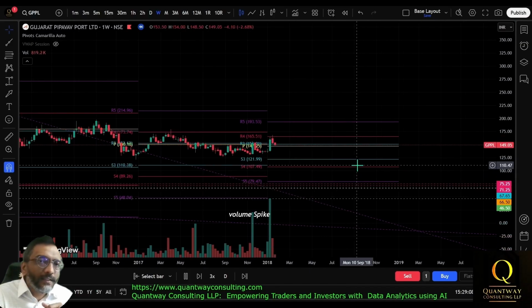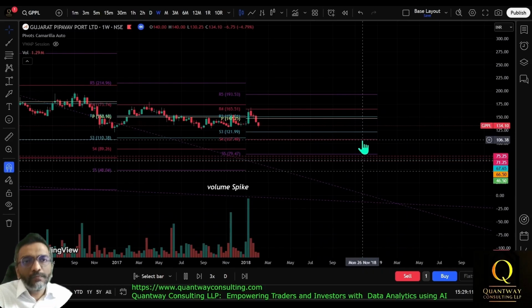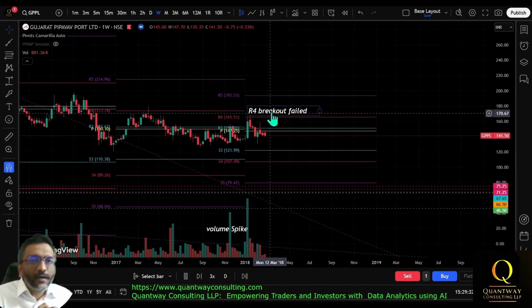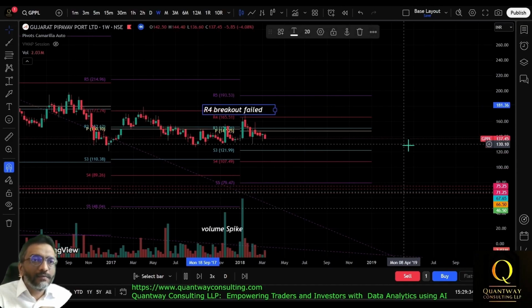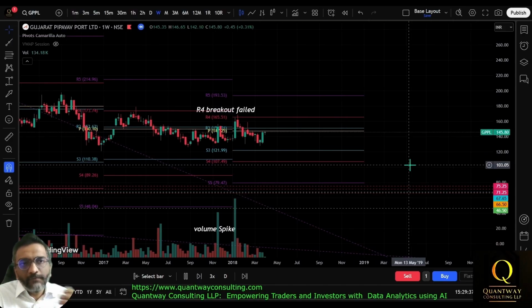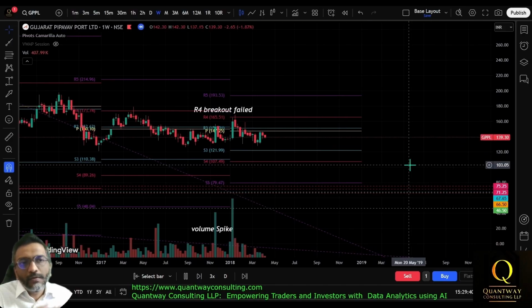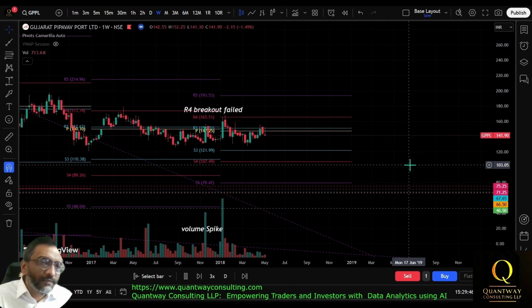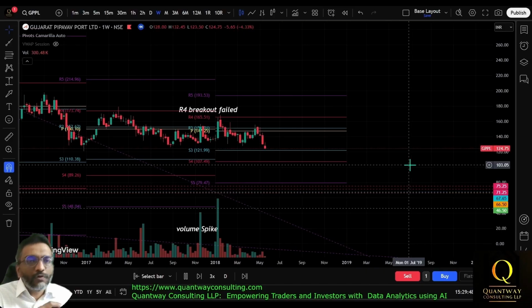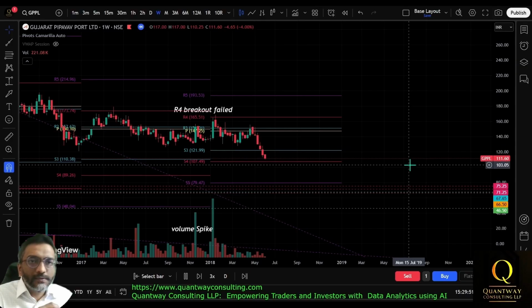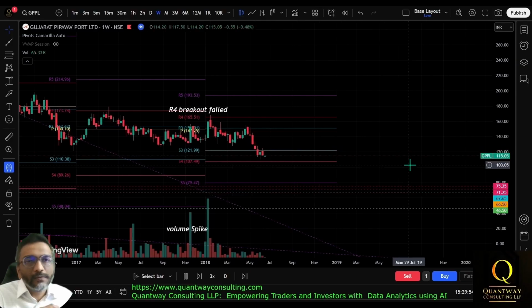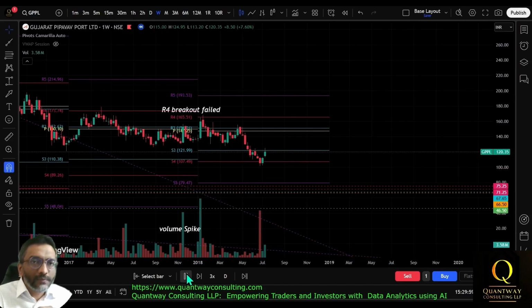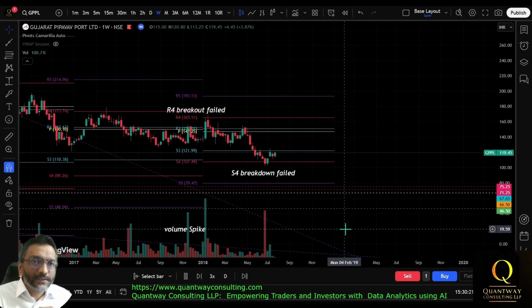So if we had a method like allocate when the S3 breakdown failed and get out at R4 or R5 of that year, or when we might enter when R5 had a breakout and we sit at the R3 levels of the next year, that way the small portions of those trends would get captured in your equity curve and help you to grow or compound your net worth consistently.